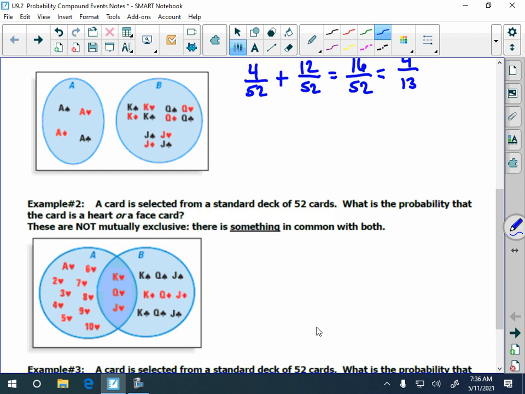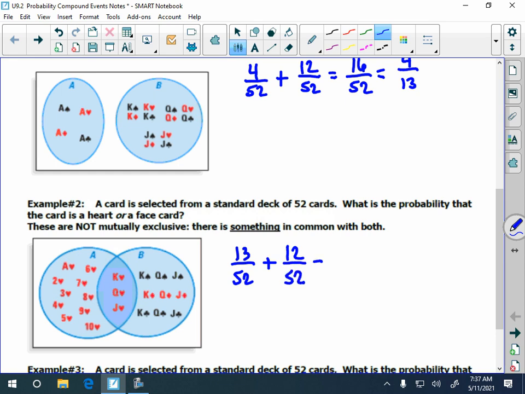And the word or is in between the two. So we have to use the formula where we add each of the probabilities together separate and then subtract off what's in common. All right, so the probability of getting a heart, 13 of them out of 52, plus all the face cards, there's 12. And we're going to subtract off what's in common.